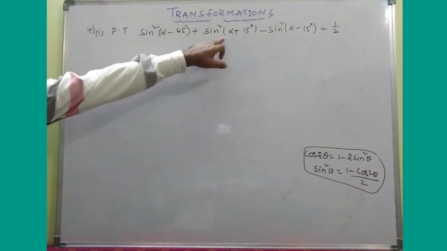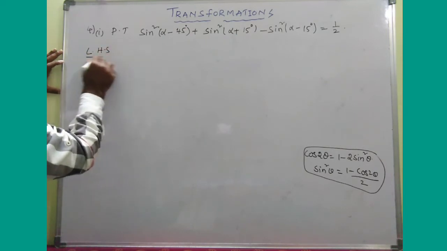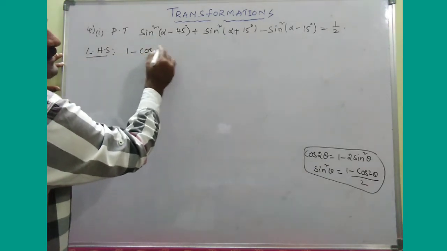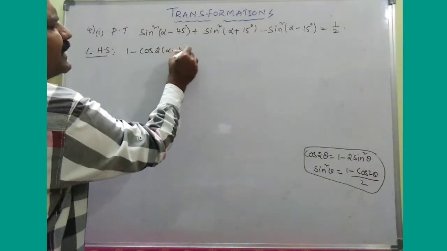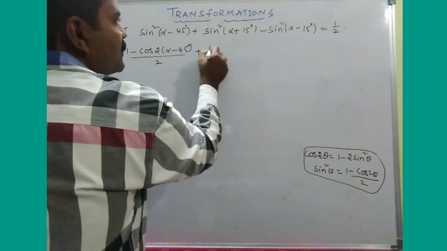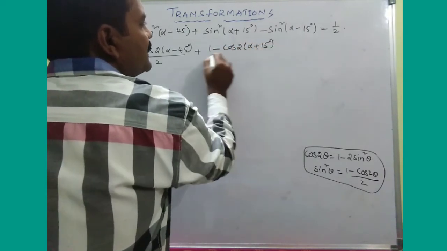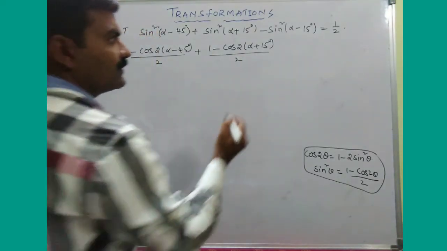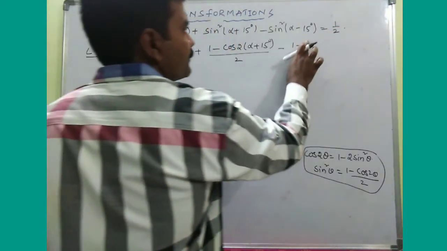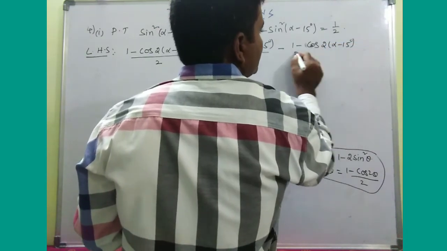Everything is in terms of sine square of some theta. So coming to the LHS, sine square theta I can write as 1 minus cos of 2 into alpha minus 45 degrees, whole divided by 2, plus 1 minus cos of 2 into alpha plus 15 degrees by 2, minus of 1 minus cos of 2 into alpha minus 15 degrees by 2.